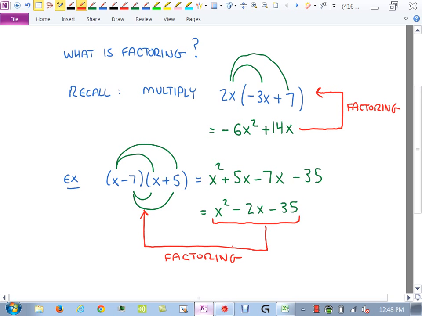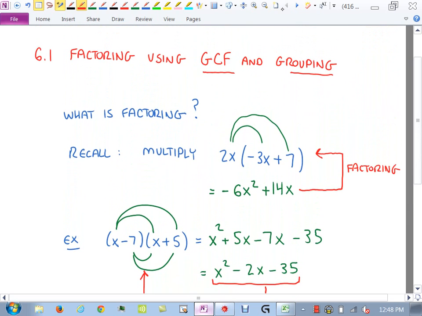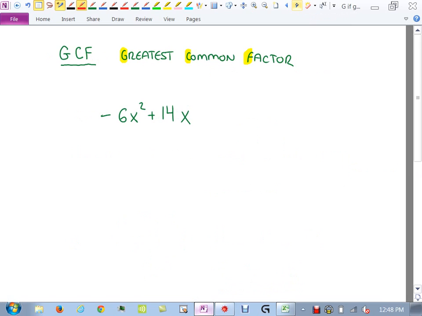Okay, so that's the goal. That's what factoring is. Let's look at our first technique. And that is what's called GCF, or greatest common factor. This will always be the first thing you look for. If you're ever asked to factor something, the first process you should ever think of is GCF.